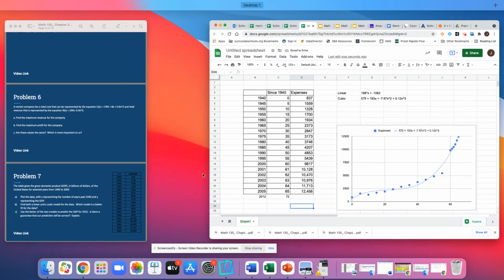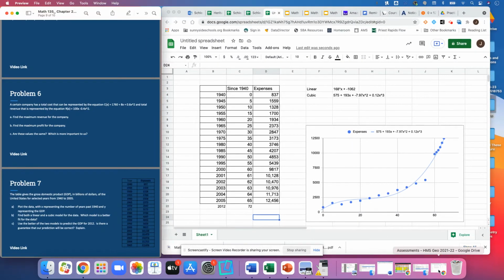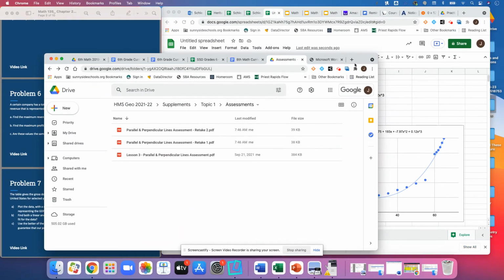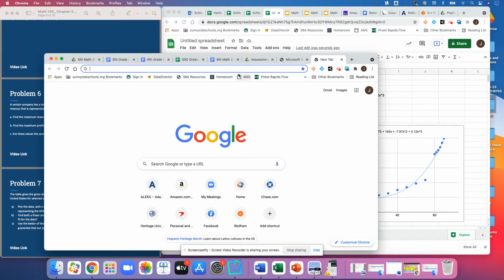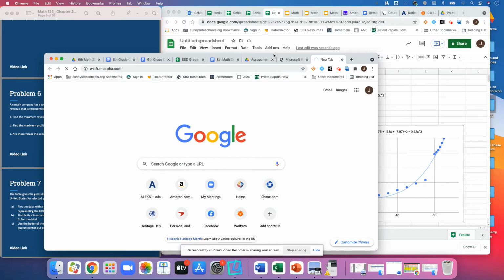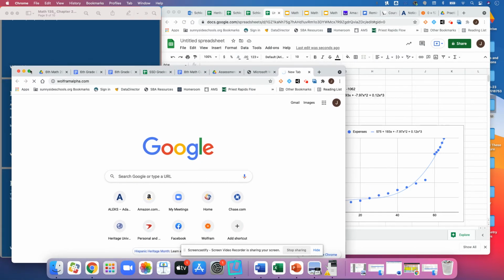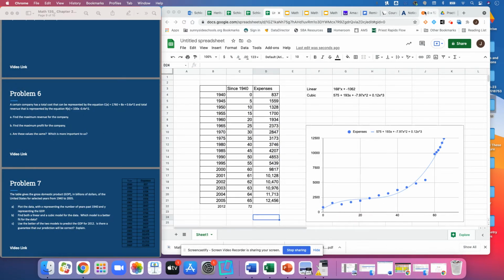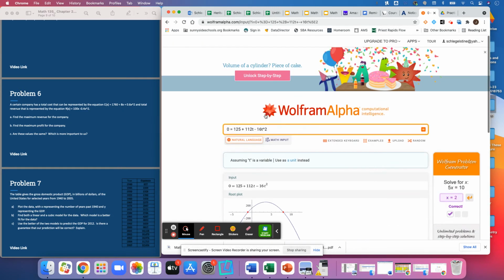And so we're going to come to Wolfram. I guess I could have just done it in the window over there on the side, but let's go ahead and do that since that's being slow. We will paste our equation into Wolfram.